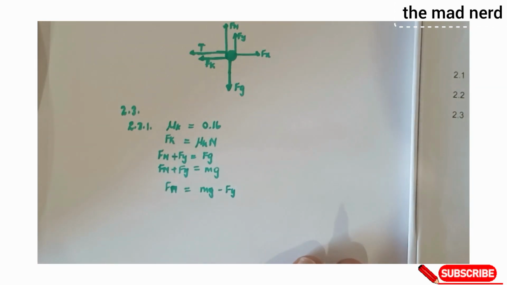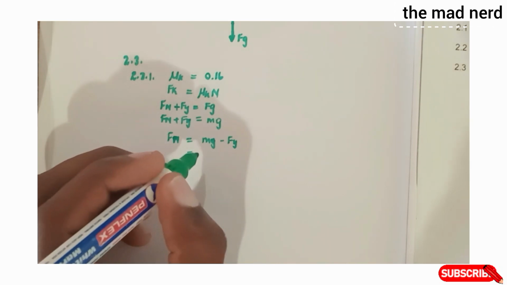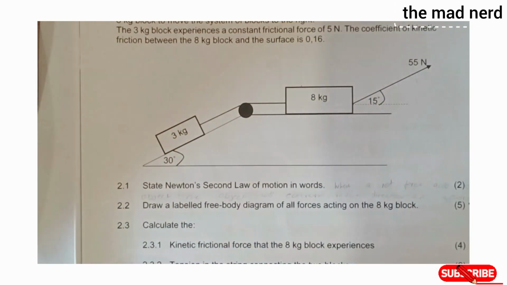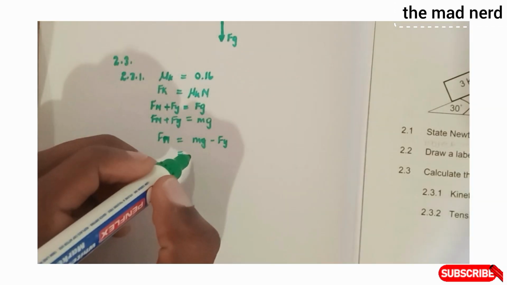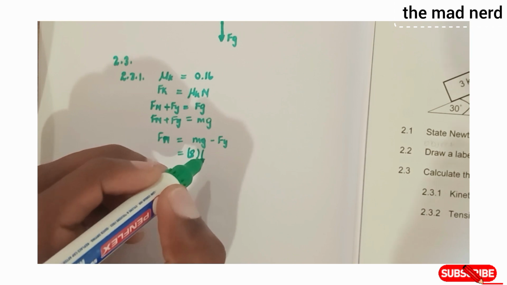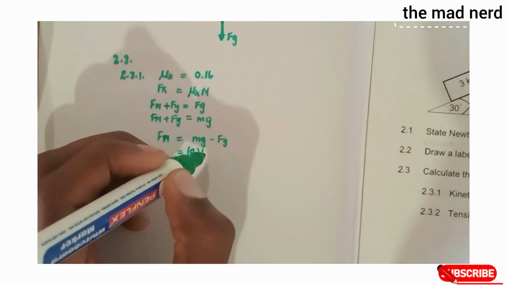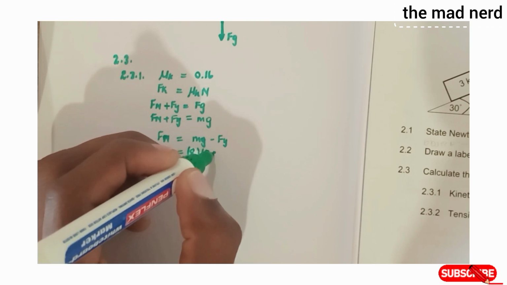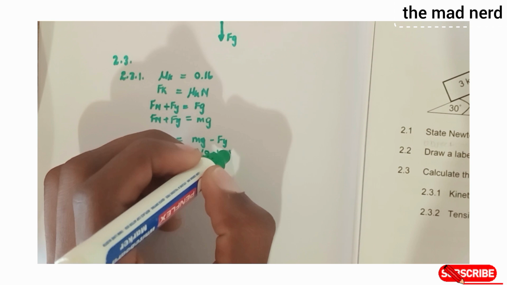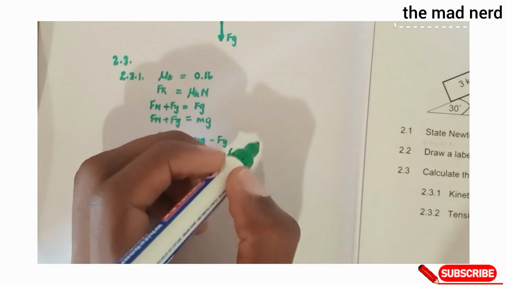Now let's substitute everything that we have. This is an 8 kg block, so we say 8, and then g is the constant gravitational acceleration, 9.8, minus Fy.